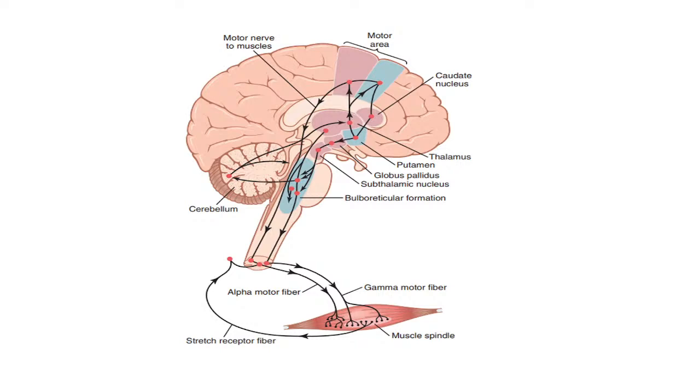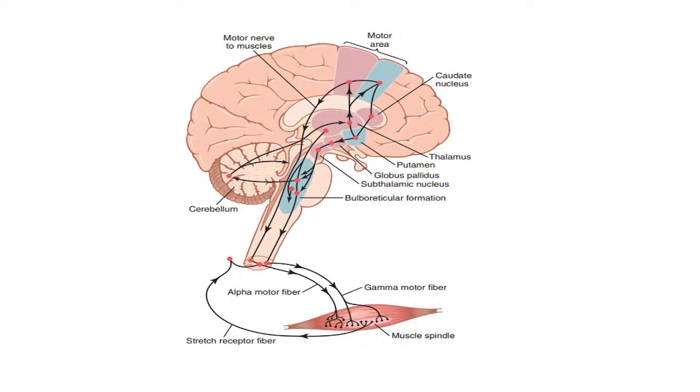Then below lies the brainstem, which includes midbrain, pons and medulla. The brainstem houses various vital centers, the respiratory center and cardiac center are present in the brainstem. Behind the brainstem lies the cerebellum. The cerebellum has a role entirely in motor function, no sensory function role.